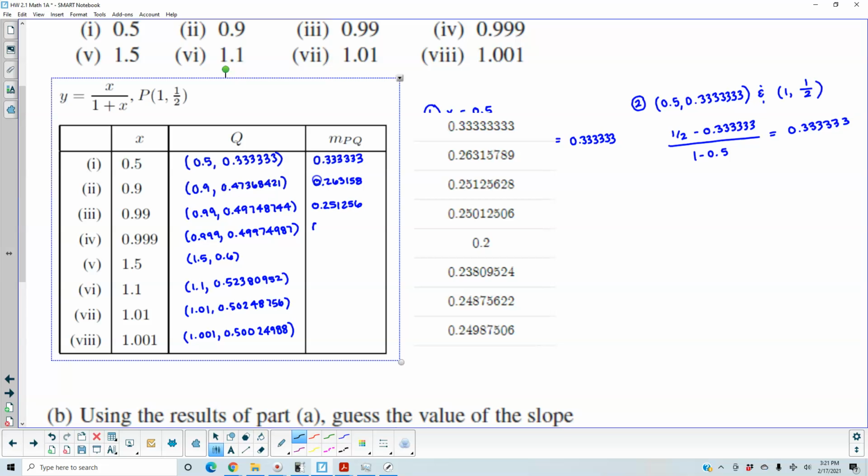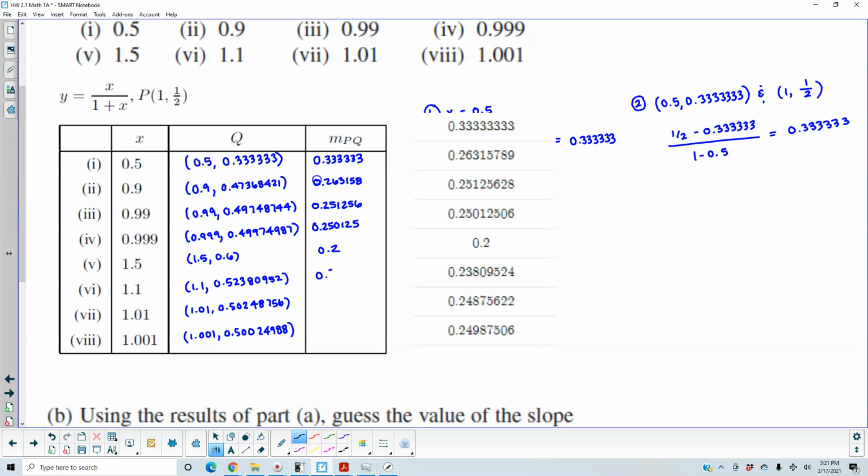The next one we have is 0.250125. Next one is 0.2. Next one is 0.238095.